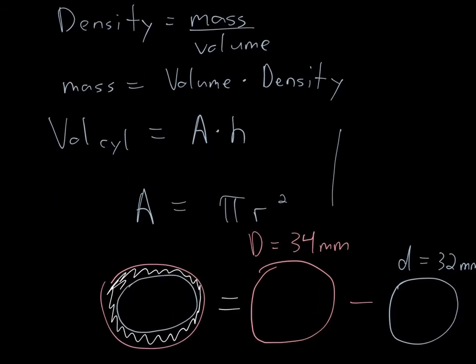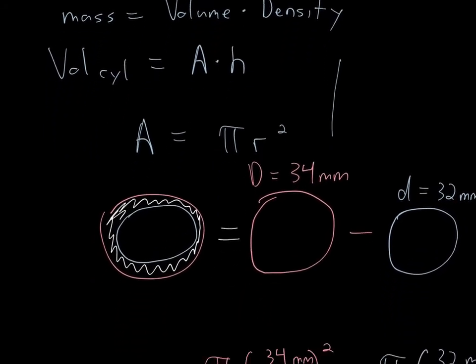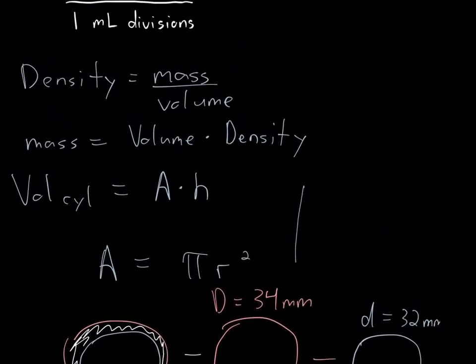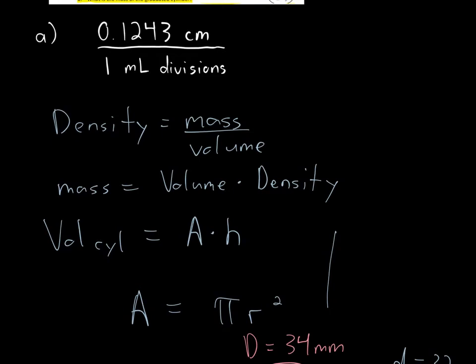Or actually, we solved for the area of our cylinder, but now we need to solve for height. Alright. So to solve for height, we can use our answer from part A, which is this portion right here, 0.1243 centimeters per 1 milliliter division. Because our cylinder is 100 milliliters, it's going to have 100 one-milliliter divisions.